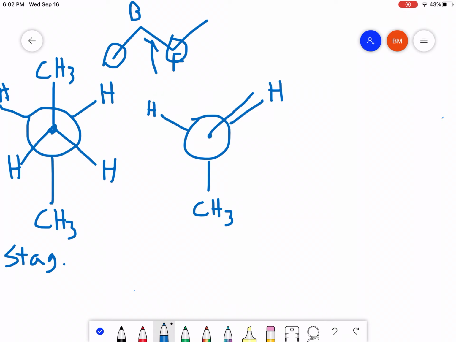If we keep track of things, the CH3 that was pointed directly up in the front is now going to be eclipsing that H. You're going to have an H eclipsing that CH3 and an H over there. So we have an eclipsed.